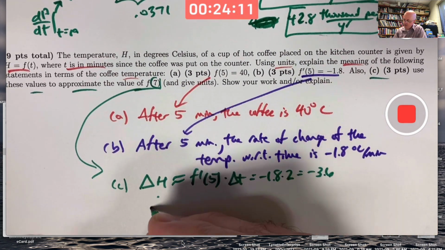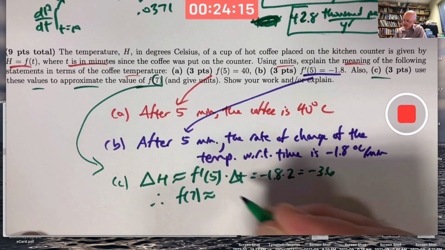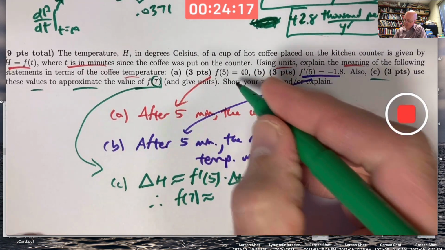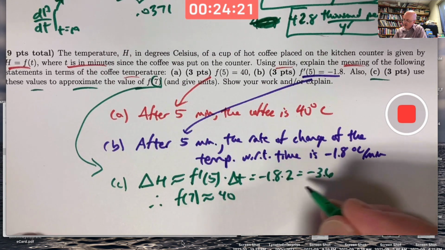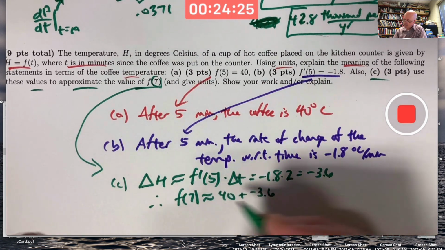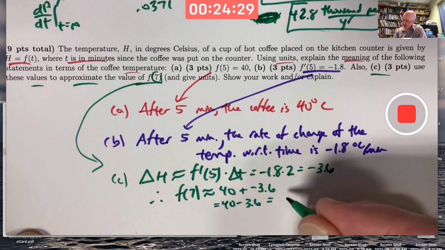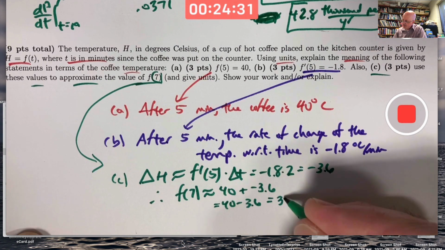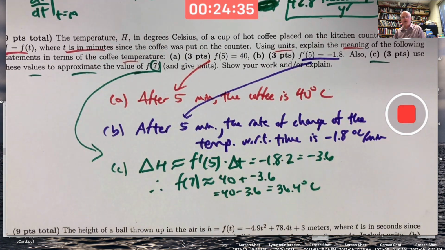And therefore, f of 7 is approximately the temperature at time 5, which is 40, plus the change in H, which is negative 3.6, which I could also write as 40 minus 3.6. And that would be 36.4 degrees Celsius. Okay? So I did it as a two-step process.